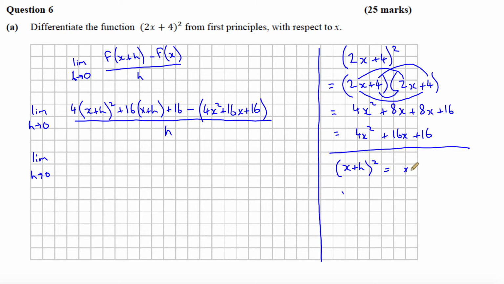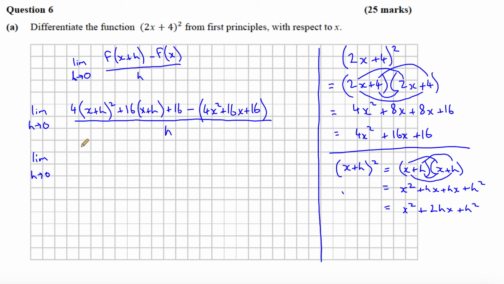That's equal to x plus h by itself, which is x squared, x by x, plus hx plus hx, and then plus h by h, plus h squared, which is x squared plus 2hx plus h squared. So that's what's going to be in here.